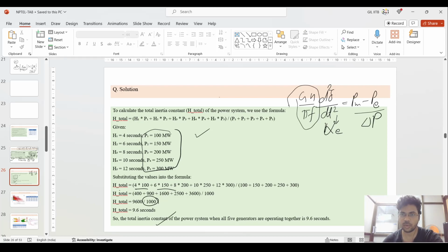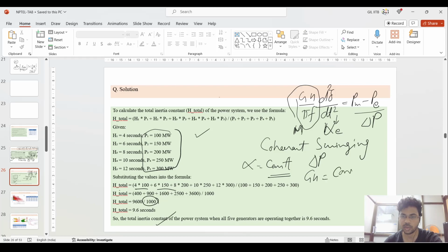This is the electrical acceleration alpha, and this is the delta P change, and GH by pi f is the inertia constant M. If the generators are operating together, meaning they are coherently swinging, in this situation alpha is equal to a constant, which is compensated for the delta P. So GH is constant in this situation.